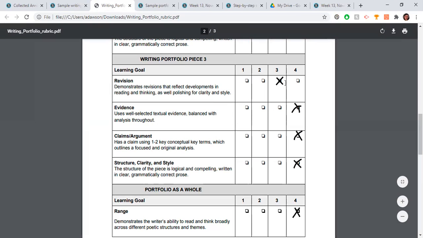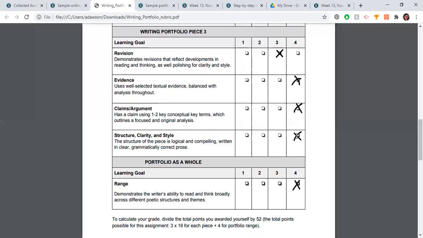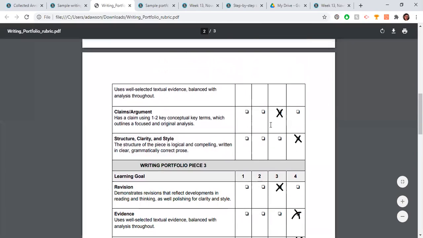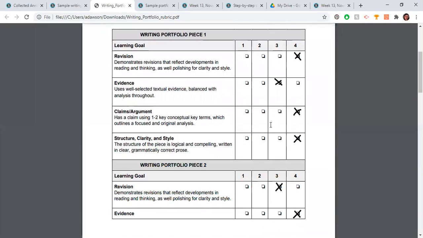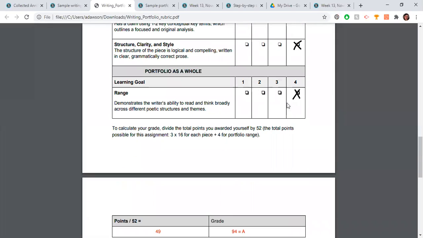And a 3 was possibly a little bit skimpy for this one. This one would have been probably worthy of the 4. So don't undersell yourself if it's good. So evidence, claims, and structure all gave it a 4. This is a very good portfolio. This is a very strong portfolio. It doesn't need hardly any, if any, additional work.